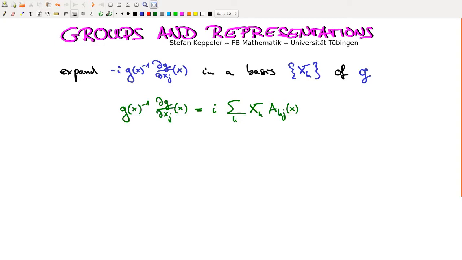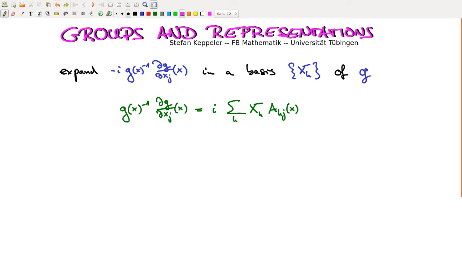Our recipe for calculating the Haar measure of a compact Lie group starts by saying: expand this object here, g of x, that was g in some parameterization x (I suppressed the coordinate map), g of x inverse, and then the partial derivative of this g with respect to one of the coordinates.